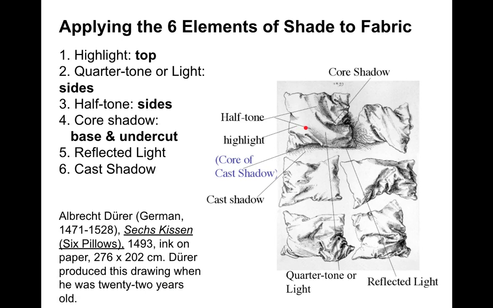You can see a halftone here where it's a kind of middle gray, and then lighter areas where it's a quarter tone value or a light area. And you can see the core shadow where it's dark in here, and you can see reflected light below. Reflected light on the actual pillow here, and underneath is the cast shadow.